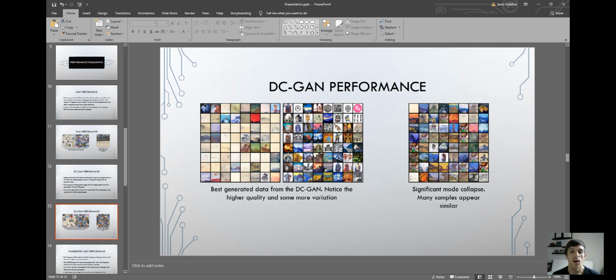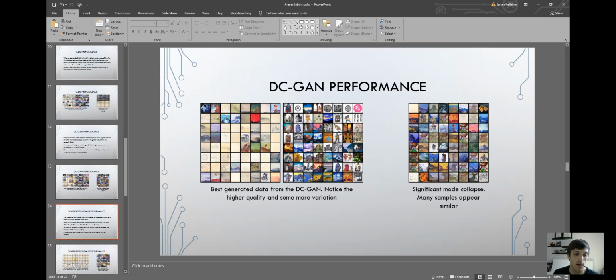However, on the right is a sample set of data from random noise, and if you look at column 1, rows 5, 6, and 7, they all have roughly the same image, and you'll see that same image throughout the grid. So the DC-GAN, though it gave us higher variety, still suffered from mode collapse with the dataset, and it started outputting the same type of data for many different input variables.